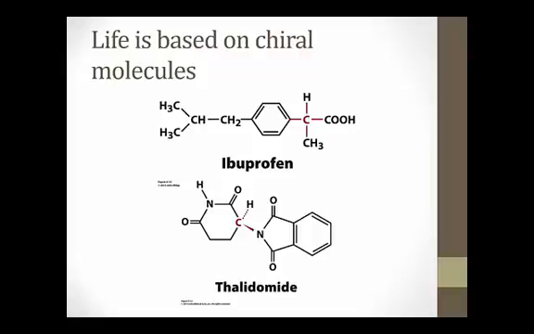Sometimes, however, we find that the other enantiomer can be detrimental, as we see with thalidomide. Thalidomide was a drug developed and prescribed in the early 1960s to pregnant women to help treat nausea during the first trimester of pregnancy. While the active enantiomer was highly effective and had minimal side effects, it was soon later discovered that the other enantiomeric pair caused severe birth defects in the fetus, such as missing limbs.